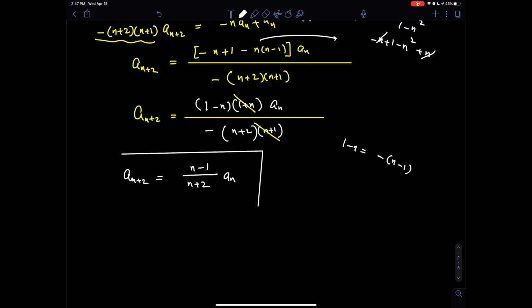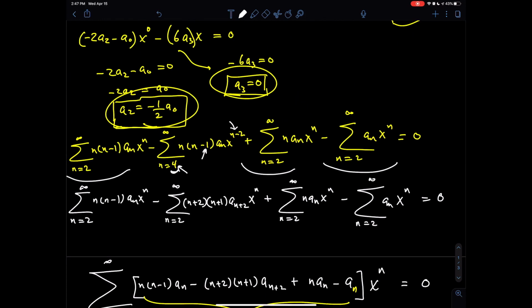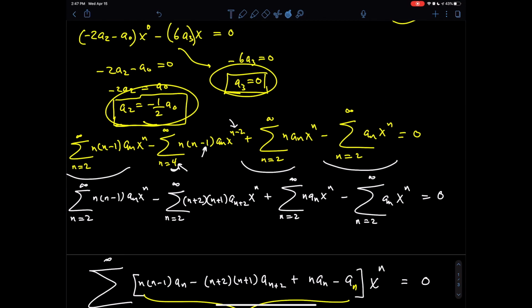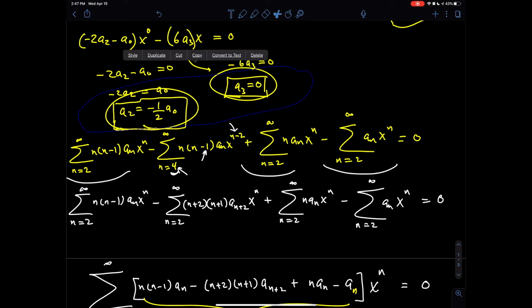And I'm going to use this equation to find the rest of my constants. Now, don't forget, you know what, I'm going to take these two, cut it. I'm going to take these two right here and I'm going to say copy.